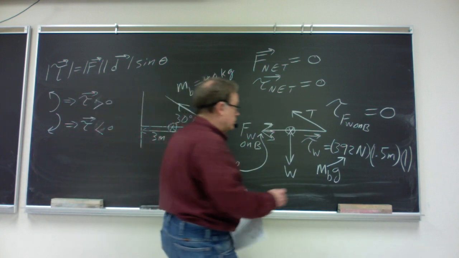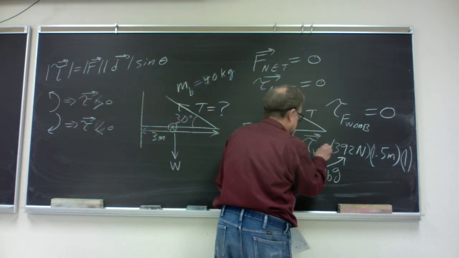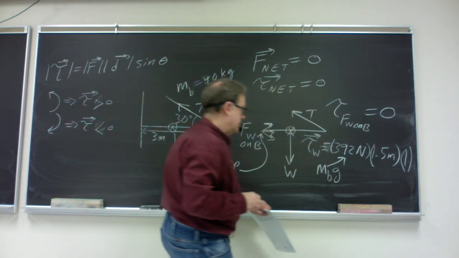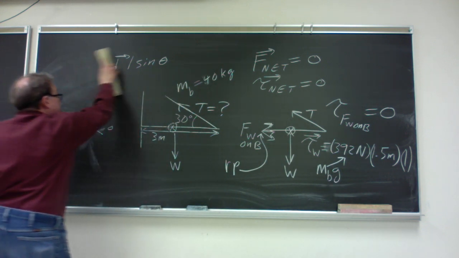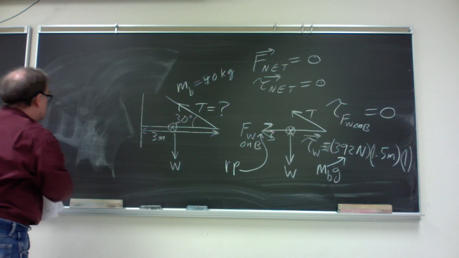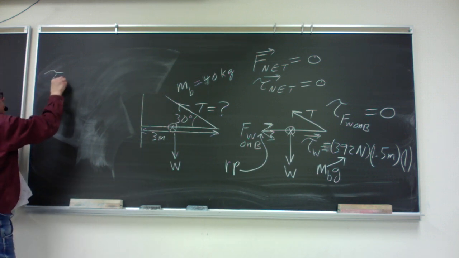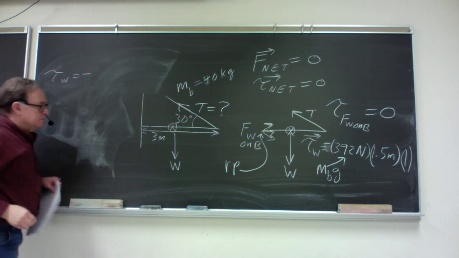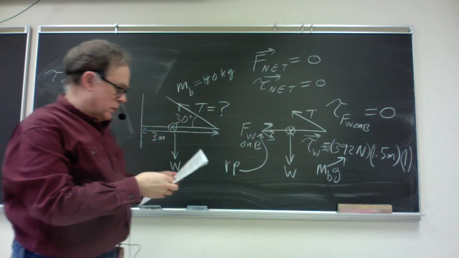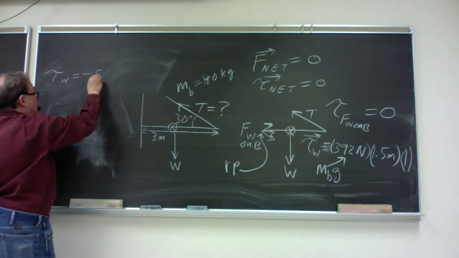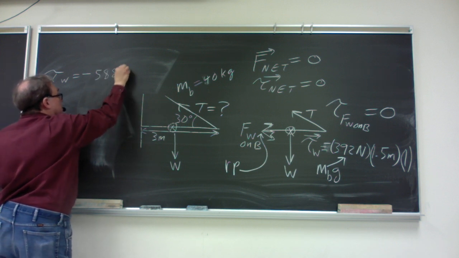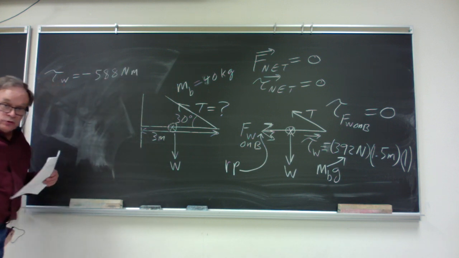So this is going to be a negative number. So then torque due to the weight is minus 392 newtons times 1.5 meters, or minus 588 newton meters.